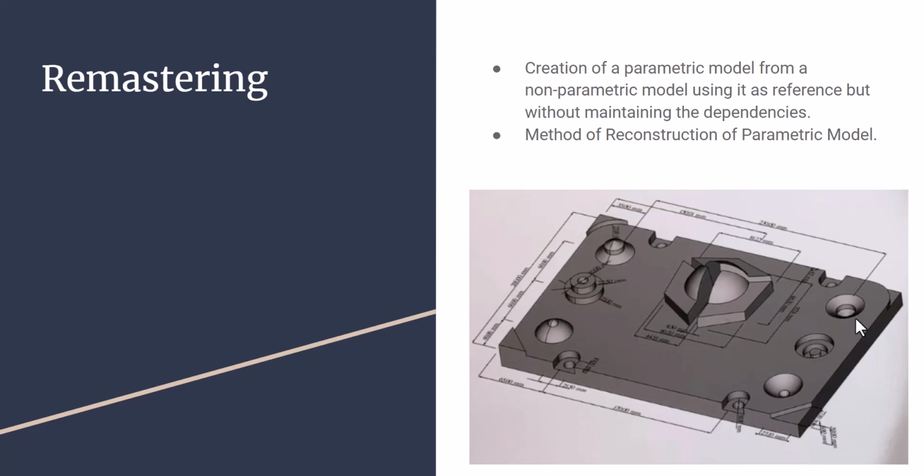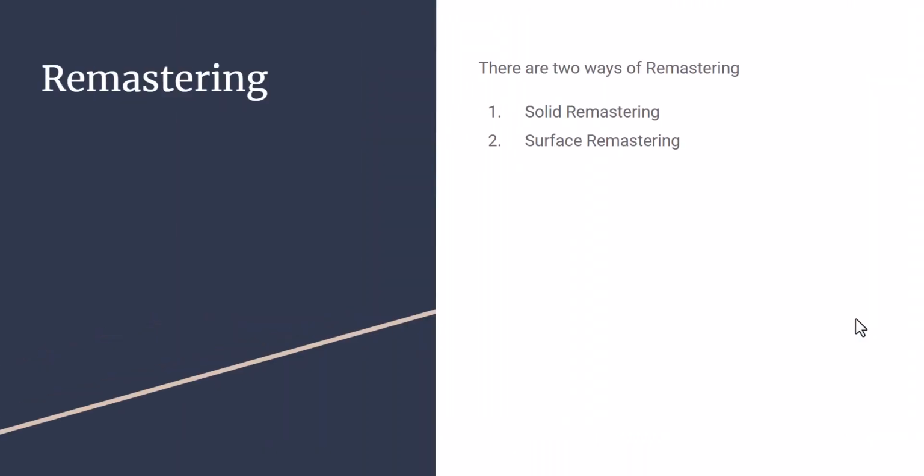Let's understand how exactly we can perform remastering, or what methods we have to do remastering or this reverse engineering. There are two ways of performing remastering. The first one is solid remastering, the second one is surface remastering. In solid remastering, we will have one dead solid given, a non-parametric solid.